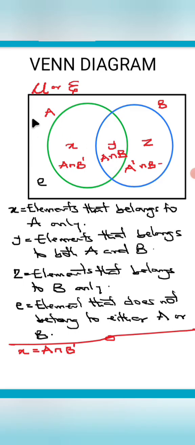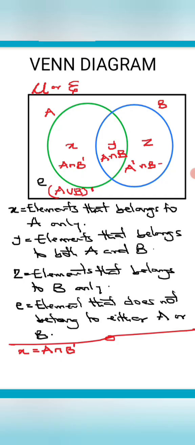Now, anything that belongs outside these two circles, that is inside this rectangle here, we are just going to say A union B complement. What does A union B complement mean? It means when we combine the set of elements inside A and B, like we write all the elements in A and B together, then we subtract all those elements from the universal set.